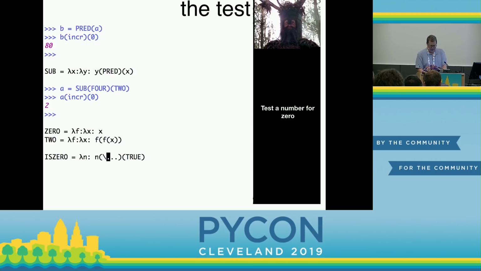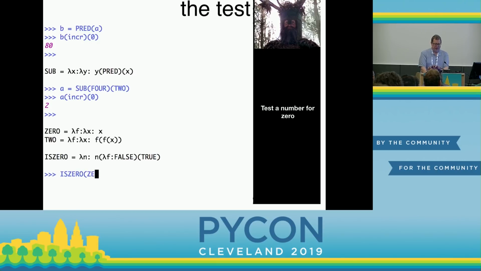You're very close. The thing that's going to go here is a function that just always returns false. Keep in mind the first argument to a number has to be a function. So this is a function that takes an argument, but we totally disregard the argument and always return false. It turns out that works.